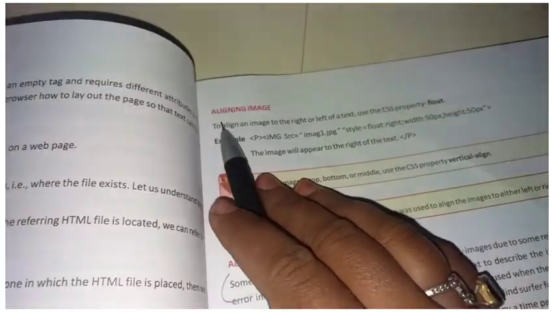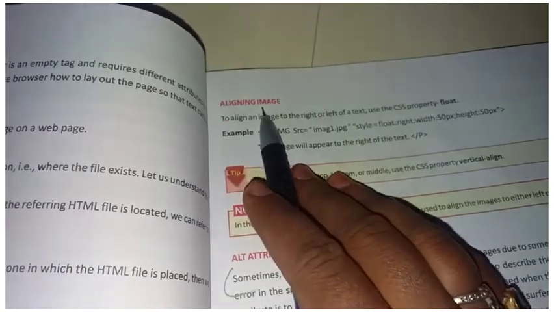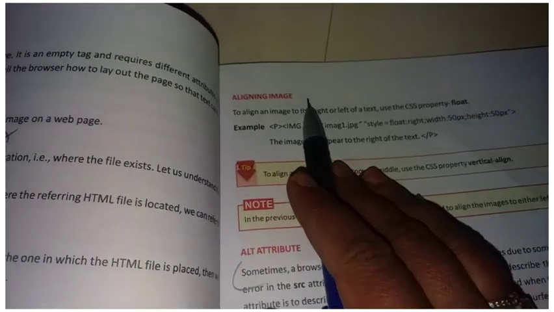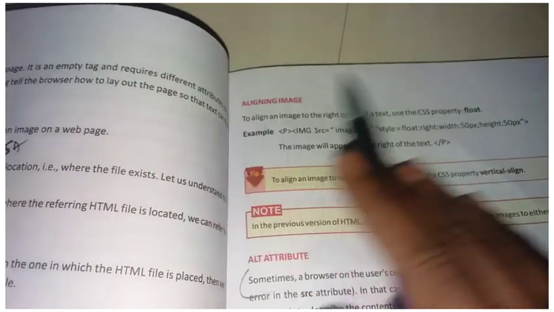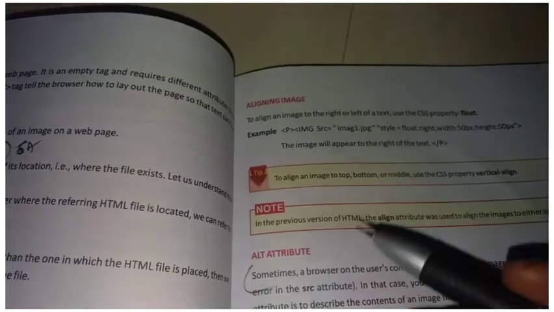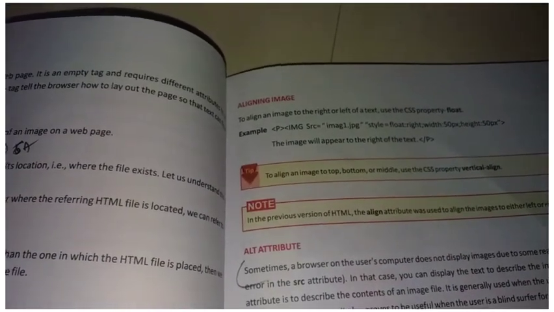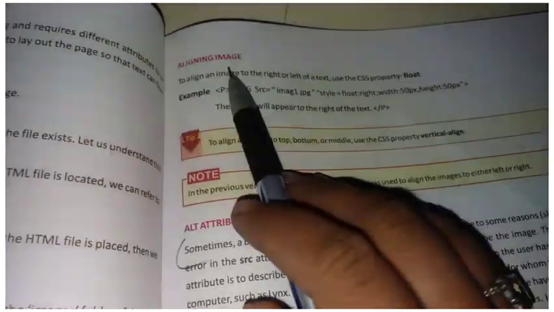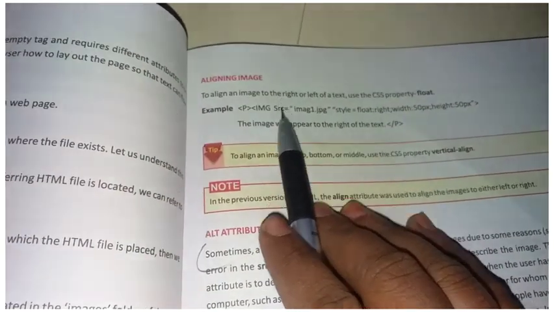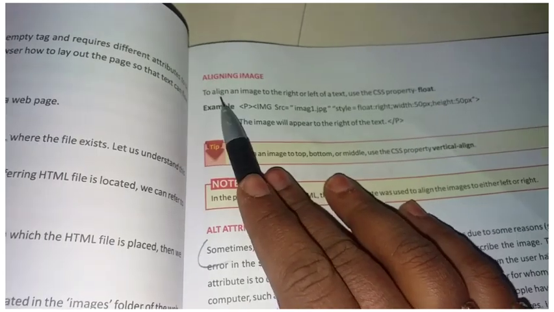Next, aligning the image. How do we align the image, children? Aligning means placing the image on the left side, right, bottom, center, top, left bottom, like that. If you want to set the image like that, you have to follow the syntax.